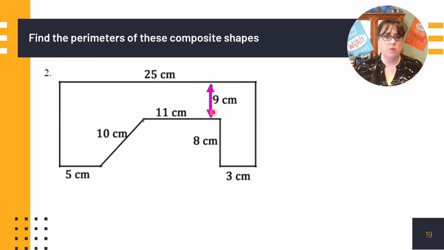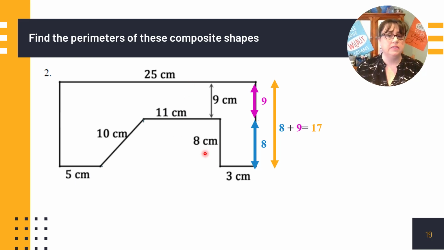So we can pull that 9 over, and now we know from there to there is 9. Then we also know that from this horizontal length to this horizontal length is 8. So we can pull that over as well. This time, instead of subtracting, we can add those together. And we know then from the top horizontal length to the bottom horizontal length is 17.